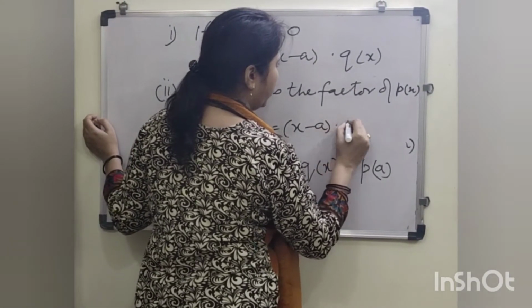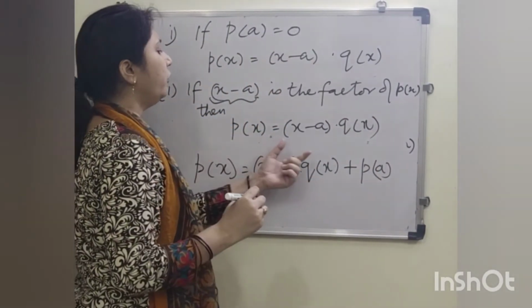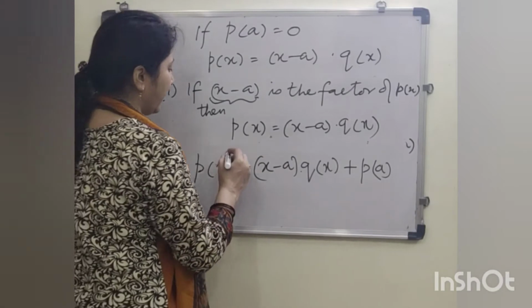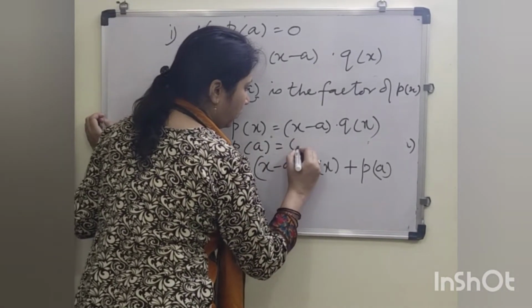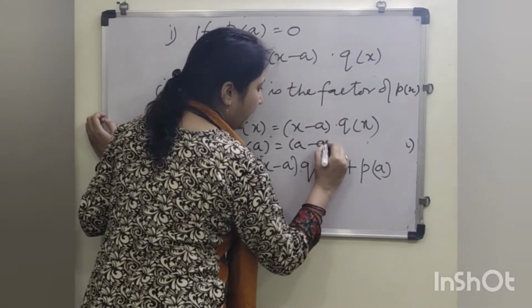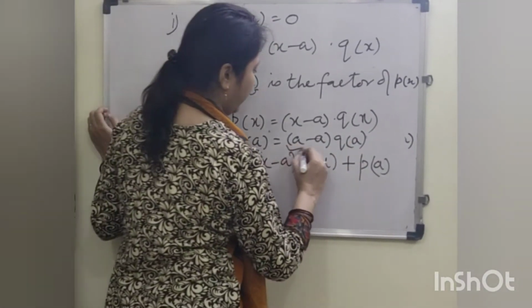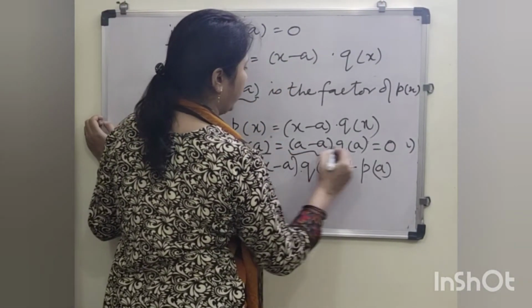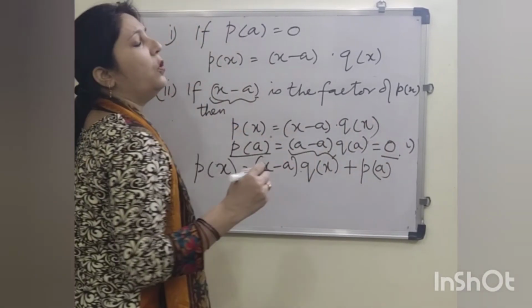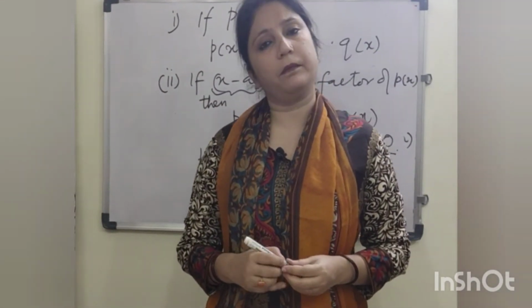This is your expression, and if you put x is equal to a on both the sides, you will obtain P(a) is equal to (a minus a) q(a), and a minus a is 0. 0 into something is 0. That means P(a) is equal to 0, which is the second result of your factor theorem.